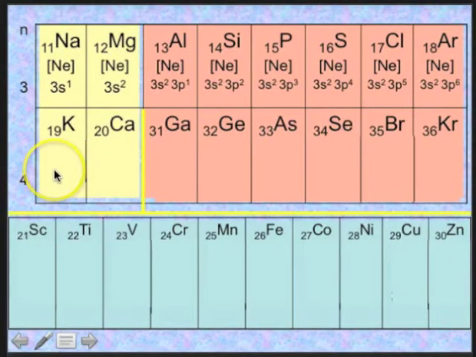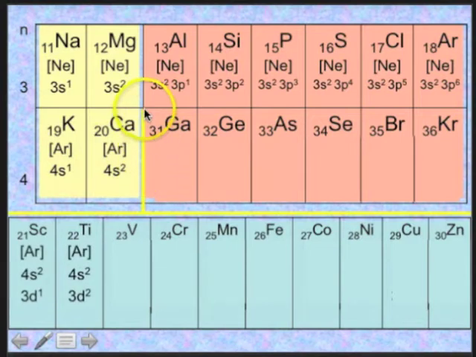And with n equals 4, we begin to fill it in with potassium, that's the argon core 4s1, and calcium, argon core 4s2. But then the transition metals begin to fill up.